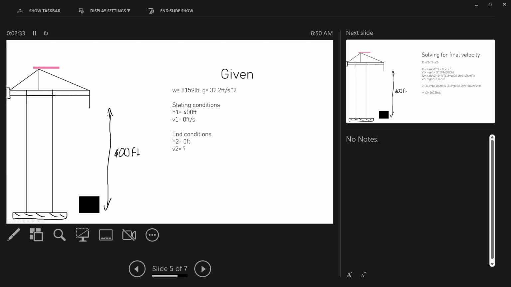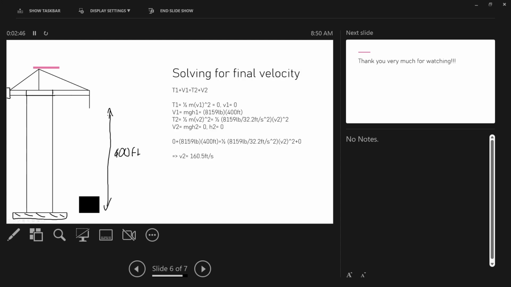And the end conditions will be the final height, which will be equal to 0 foot because it's on the ground, and the final velocity is what we are looking for.